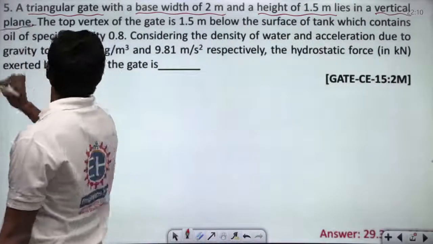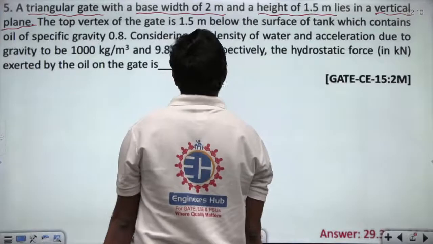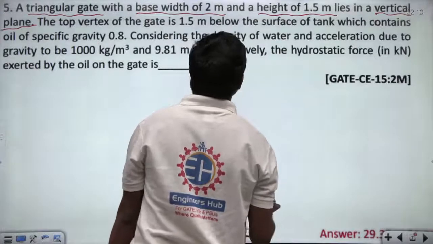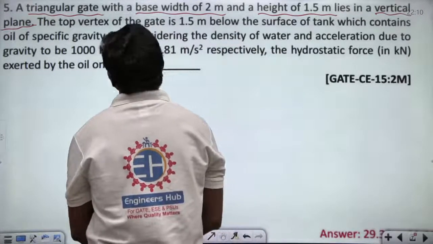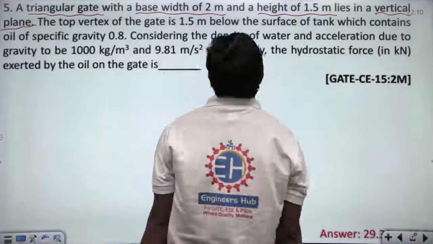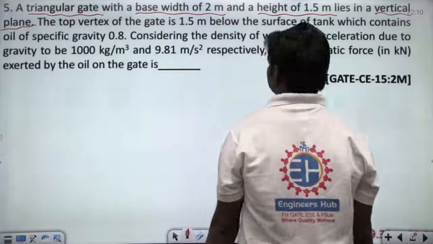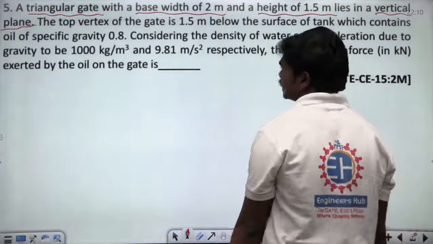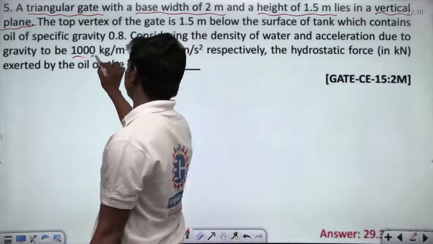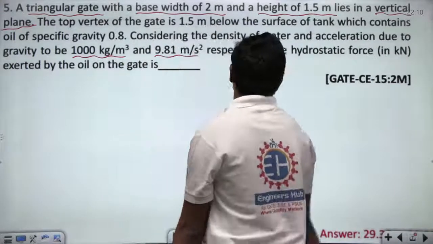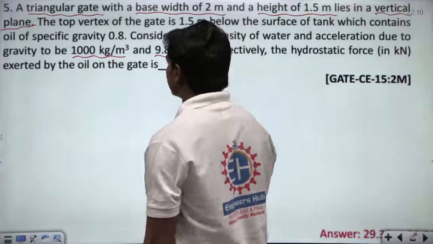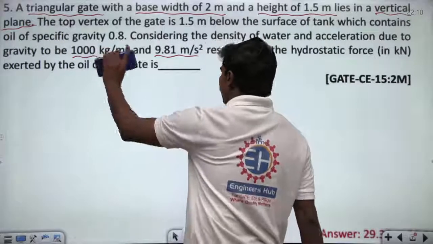Now the top vertex of the gate is 1.5 meters below the surface of the tank, which contains oil of specific gravity 0.8. Considering the density of water and acceleration due to gravity to be 1000 kg per meter cube and 9.81 meters per second square respectively, find the hydrostatic force in kilonewtons exerted by the oil on the gate.